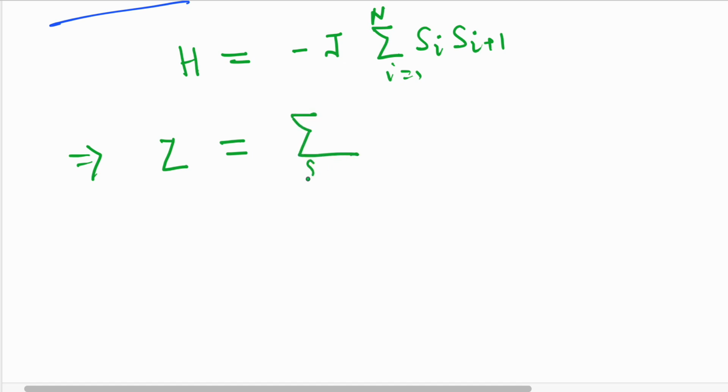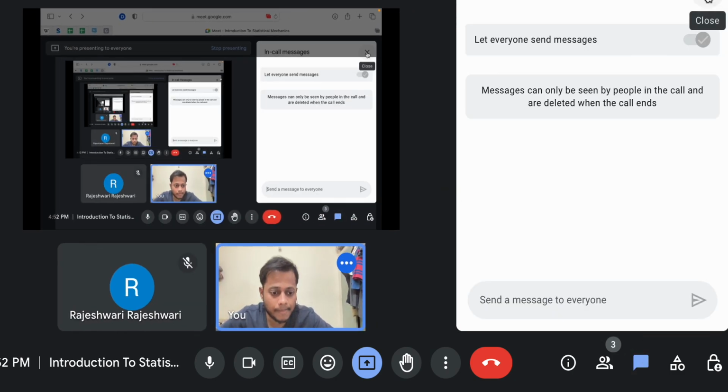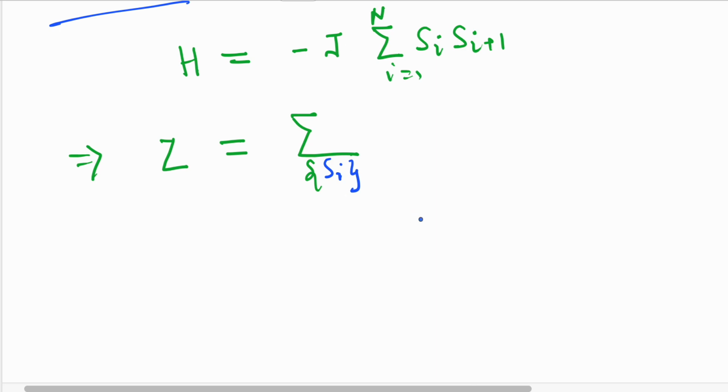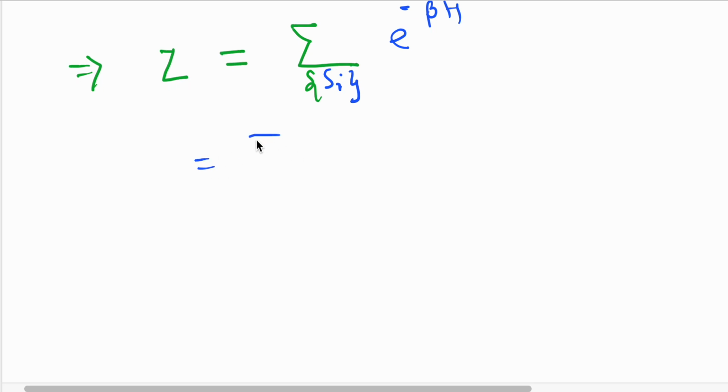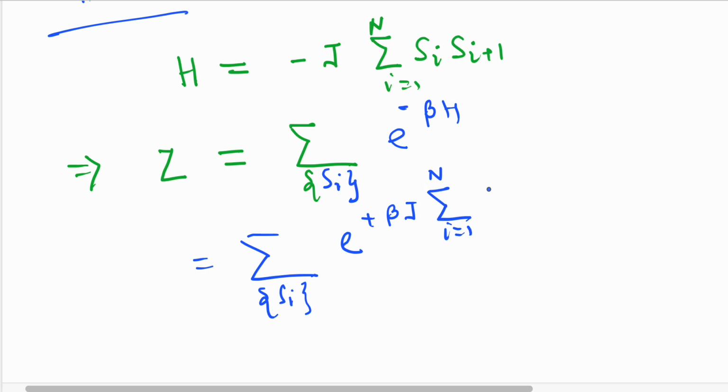The canonical partition function will be the sum over all possible combinations of the spins, of e to the power beta J summation over i equal to 1 to n of S_i S_(i+1), right? This is that.